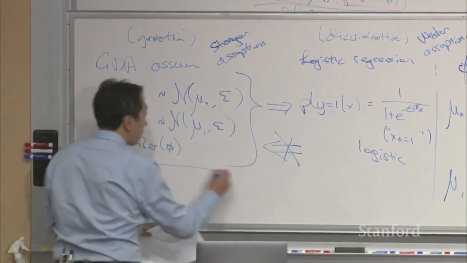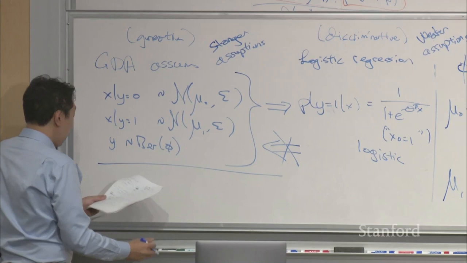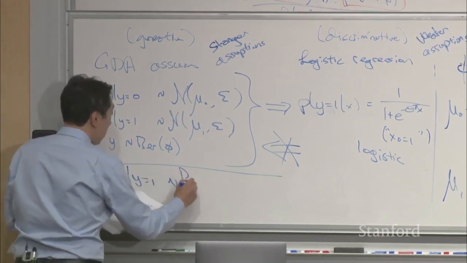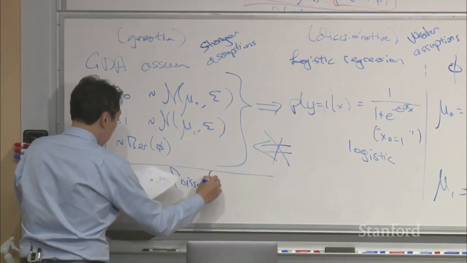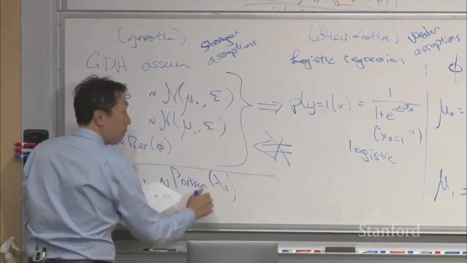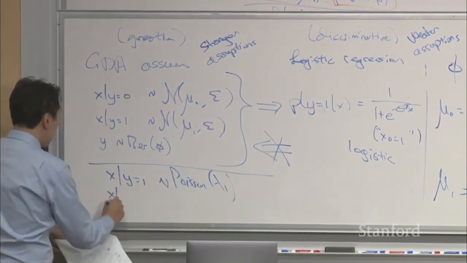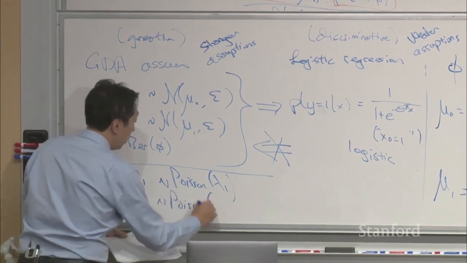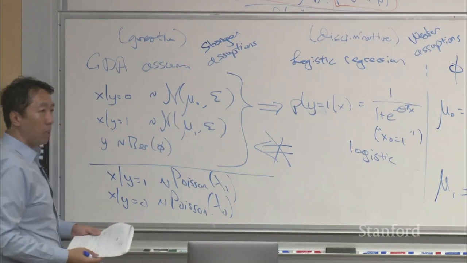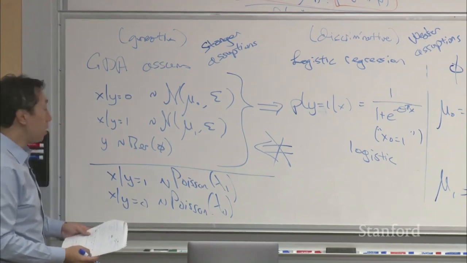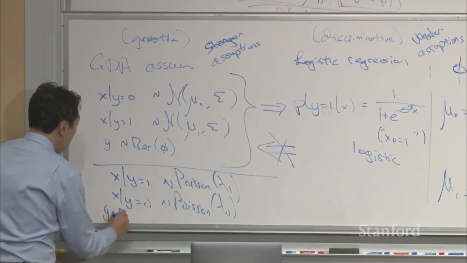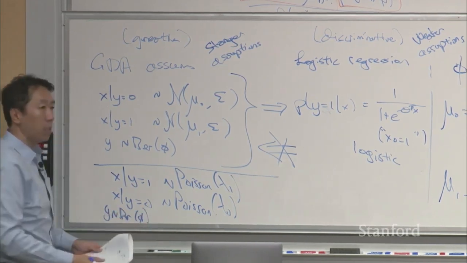Which is, let's say the following are true. Let's say that x given y equals 1 is Poisson with parameter lambda 1, and x given y equals 0 is Poisson with mean lambda 0, and y, as before, is Bernoulli phi, right?